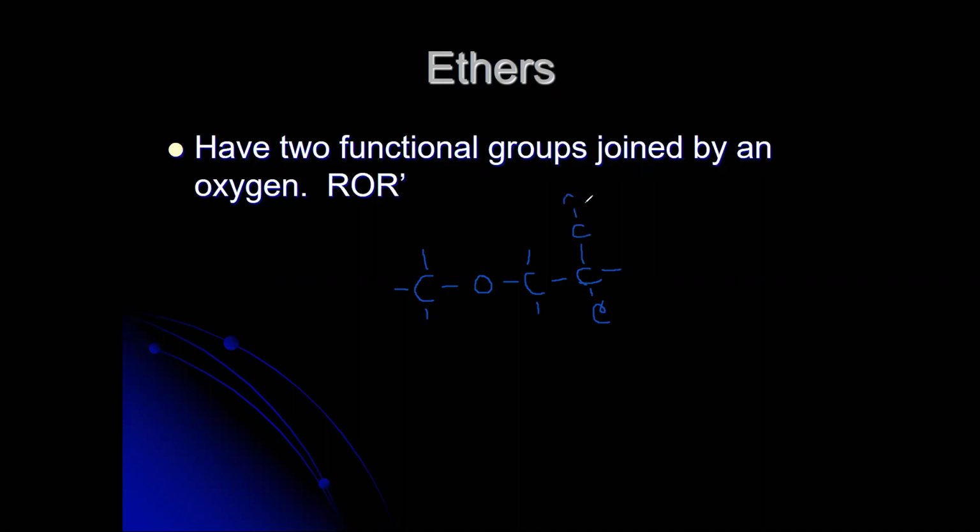And then there might be anything over here. So you see that and it's like, oh, I've got some carbons here, I've got some carbons here. They're on both sides of an oxygen. That's got to be an ether. Okay, that's what you got to recognize.